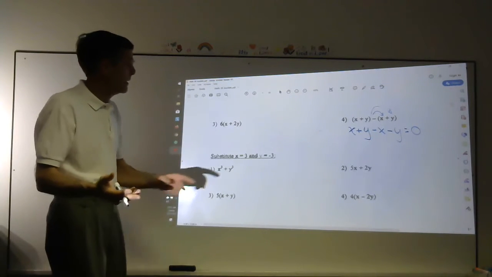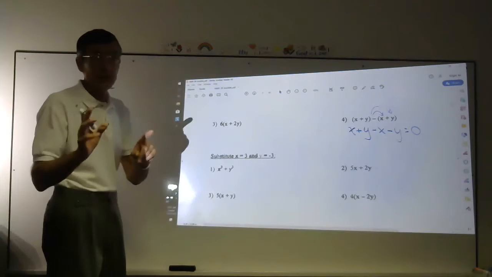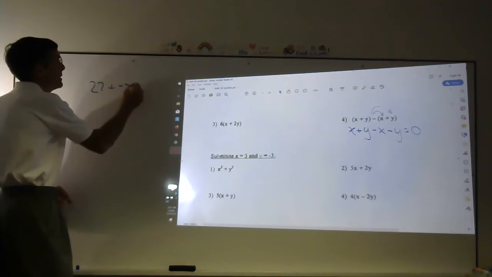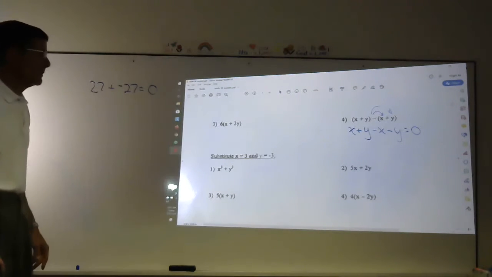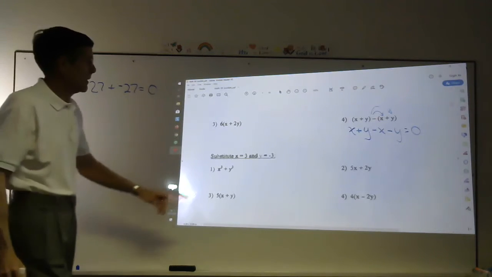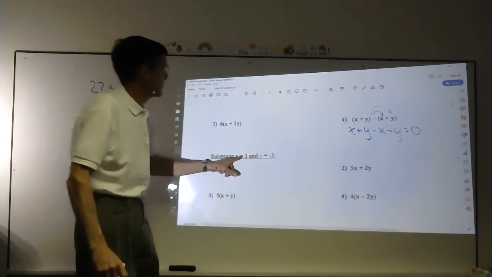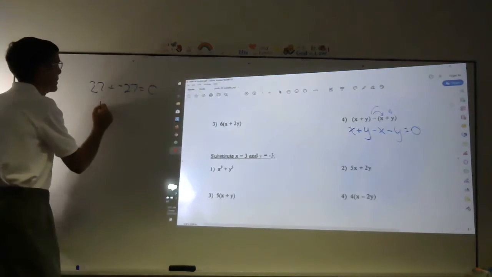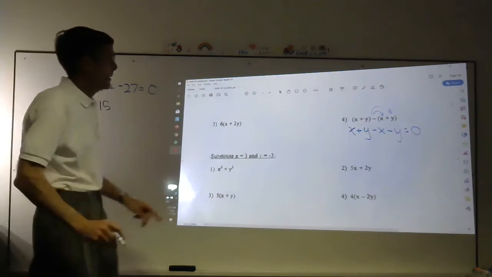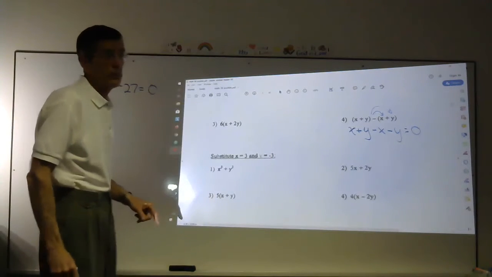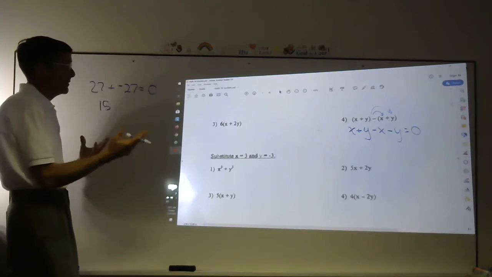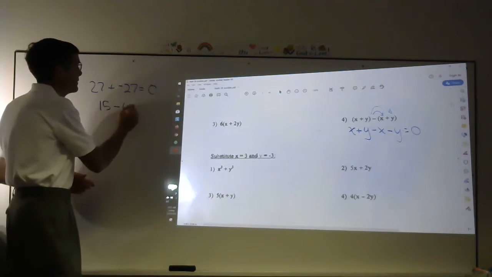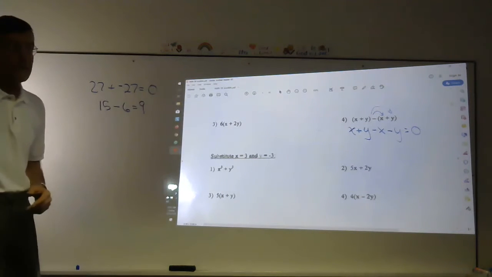So it's still 27, but there are 3 negatives, which makes it a negative 27, and I get 0 again. All right, 5 times x would be 15. 5 times 3 is 15. 2 times a negative 3. One negative is still 6, but it should be a negative 6, makes 9.